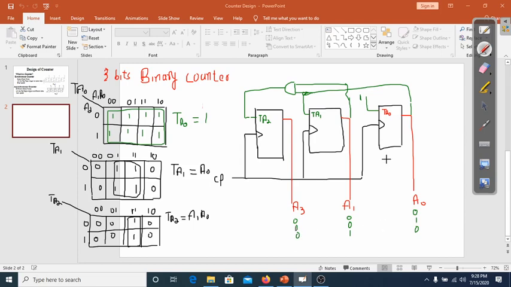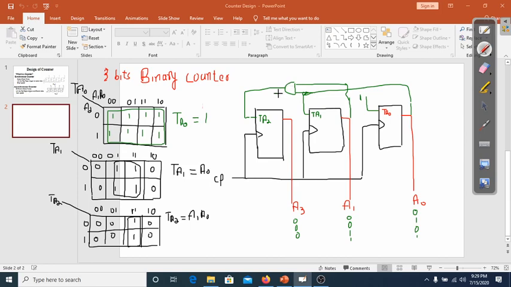Now as next clock pulse will arrive, here present state is equal to 0. Here the input for this flip flop is 1. So the next state would be 0. So here for this flip flop the present state is 1 and its input was 0. So there would be no change, the output would be 1.